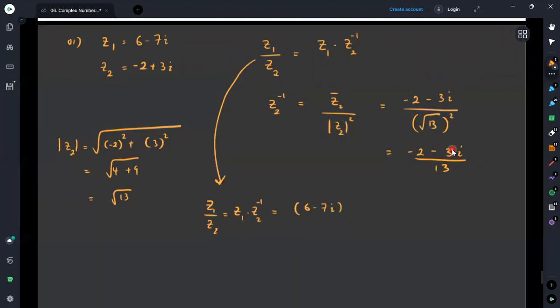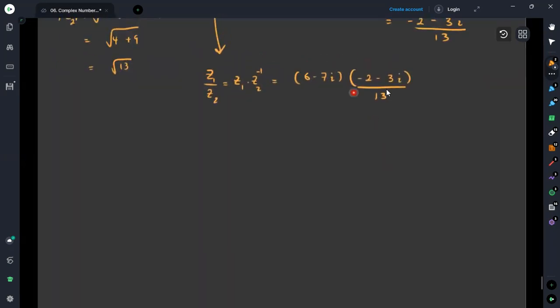The multiplicative inverse of Z2 is minus 2 minus 3i divided by 13. As soon as we see this, it is divided by a real number, so we can take it out as a scalar, 1 over 13. Then we can simply multiply the two complex numbers: 6 minus 7i and minus 2 minus 3i.